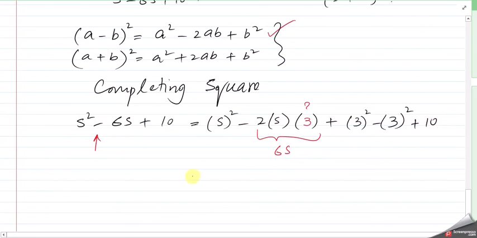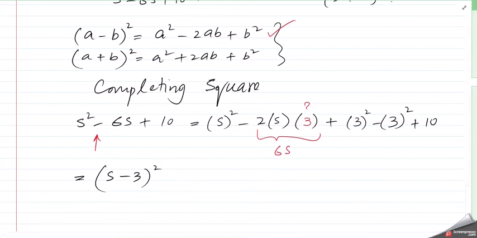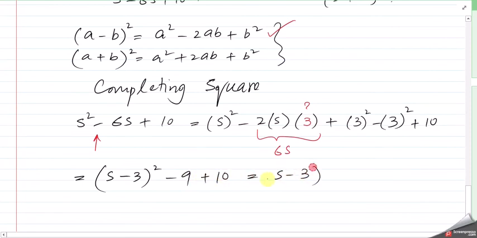So this is equal to s minus 3 whole square plus minus 9 plus 10, or this is equal to s minus 3 whole square plus 1.